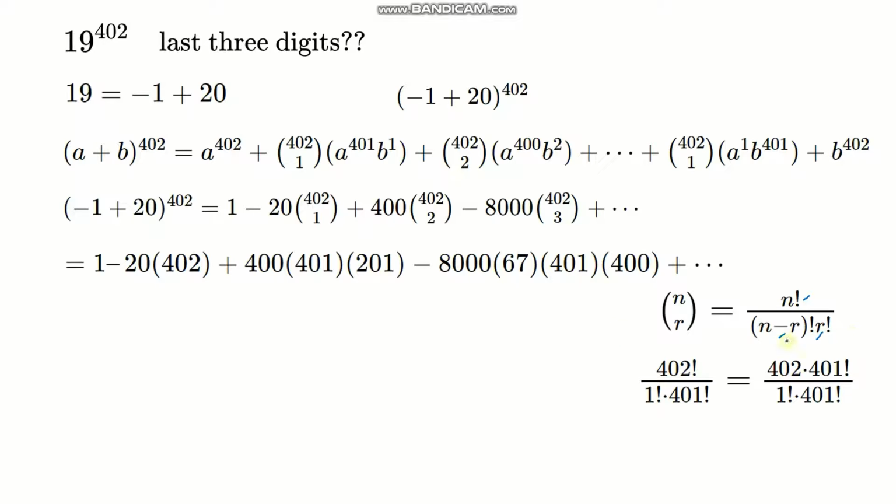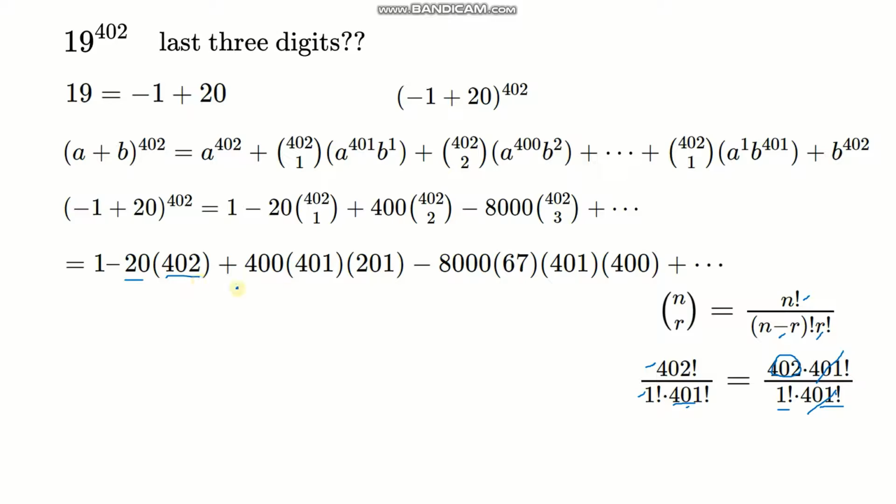So for 402 taken 1, we have 402 factorial over 1 factorial times 402 minus 1 factorial, which is 401 factorial. 402 factorial is the same as 402 times 401 factorial over 1 factorial times 401 factorial. The 401 factorial cancels out, so the remainder is 402. So the second term is negative 20 times 402.